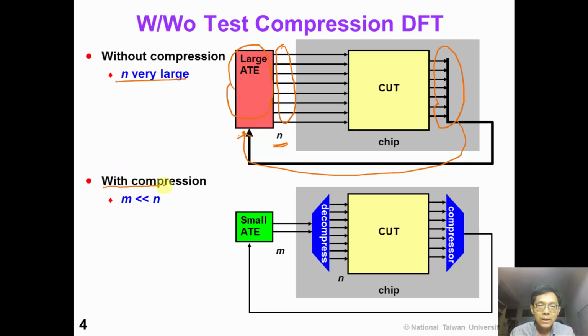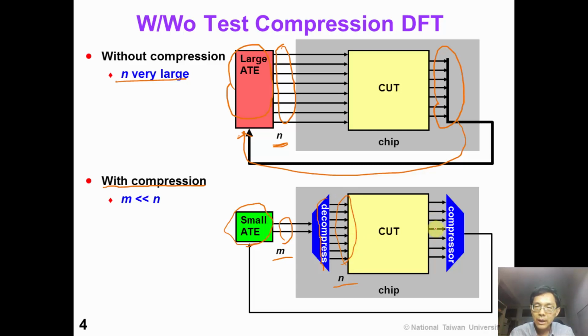Now, with test compression DFT, we can use a very simple small ATE which stores a very small amount of test pattern, and we send this data to the chip. On the chip, we have a decompression circuit that decompresses this small amount of data into a large amount of original test data.